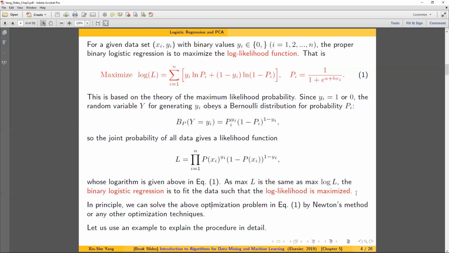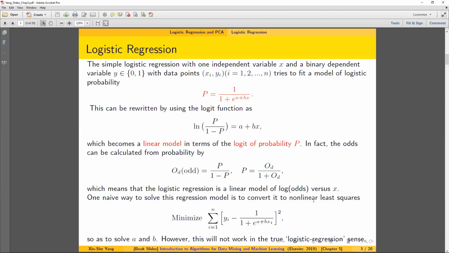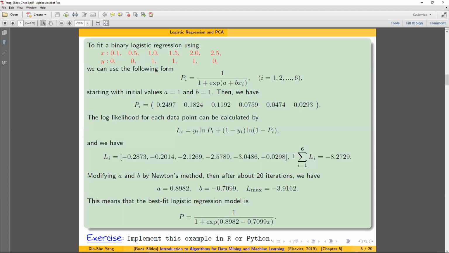And if we maximize log L, we take a log of this likelihood function, and then we come back with a summation. The summation is really on page 5. Each Li can be calculated this way, and then if you sum them up, you come back with this negative sign.